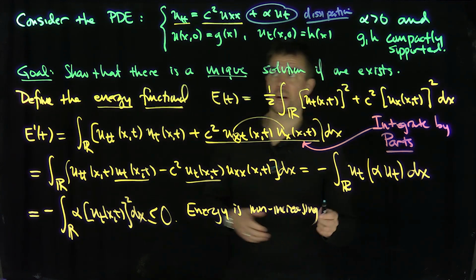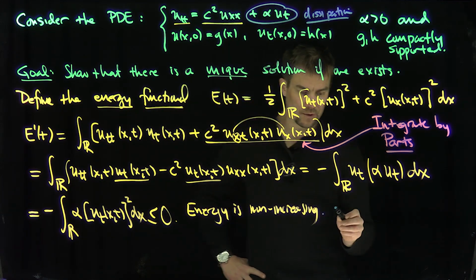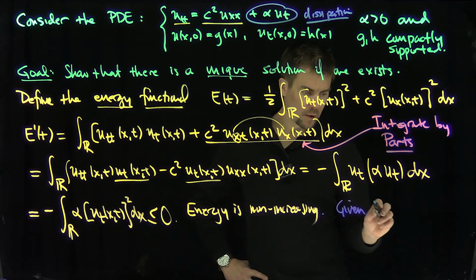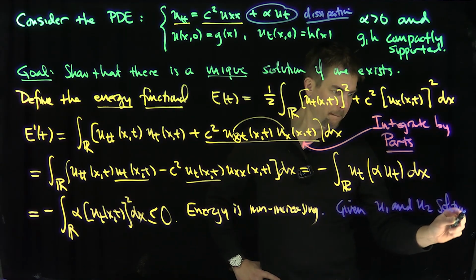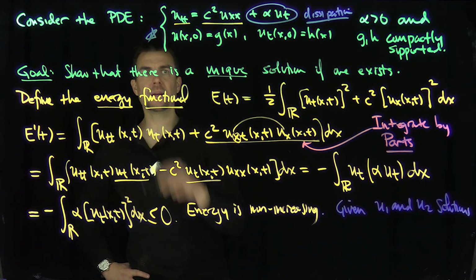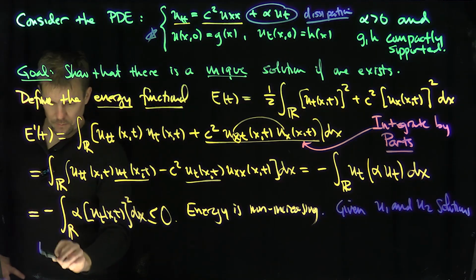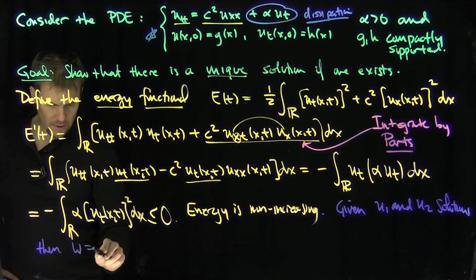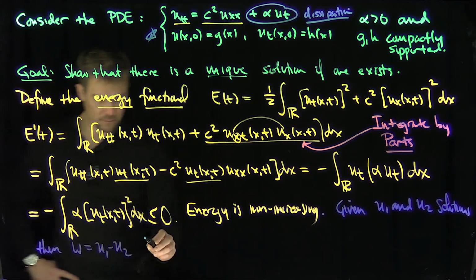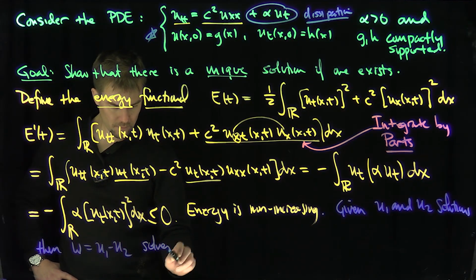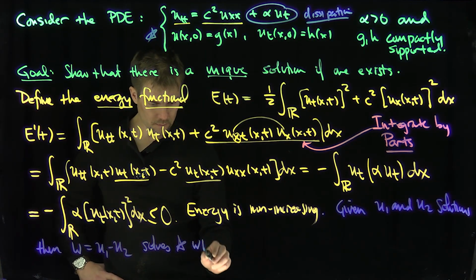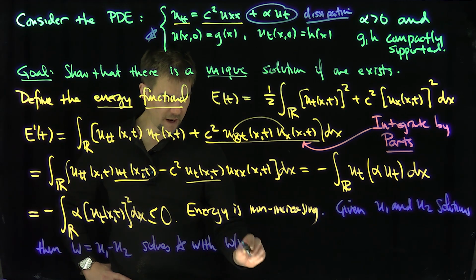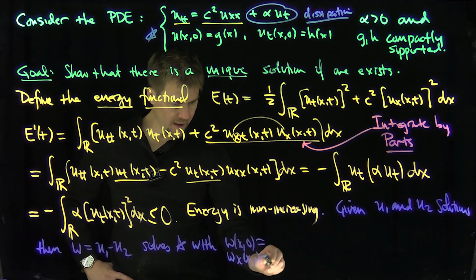Notice that if we're given two solutions, u1 and u2, in other words they both solve this PDE, this initial value problem, then w equal to u1 minus u2 solves star with w(x,0) equal to w_t(x,0), and they both equal 0.